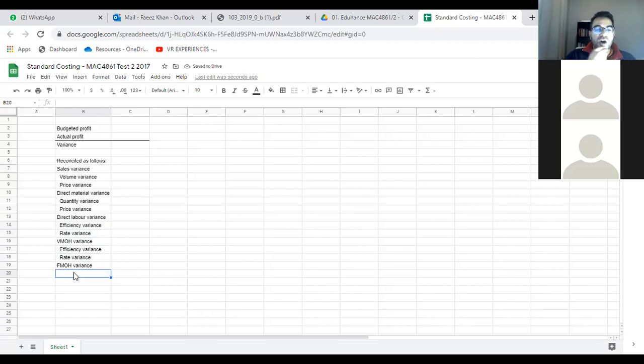And then for fixed manufacturing overheads, remember, by definition, it means that it does not change relative to quantity. So fixed manufacturing overheads is different from direct material, direct labor, and variable manufacturing overheads, because those are variable costs. They change relative to the activity, units produced, whereas fixed manufacturing overheads, its very definition says it is fixed because it does not change relative to output.